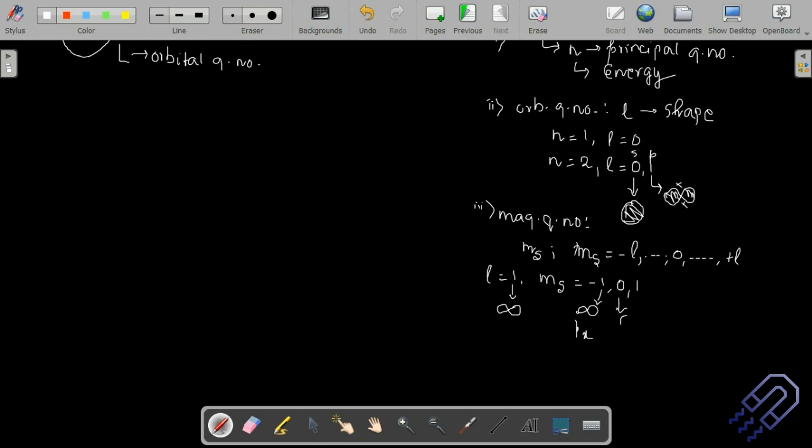This will represent the y orbital, so this is py, and this will represent the one along the z-axis. This is pz. So the magnetic quantum number is giving me the idea about the orientation.